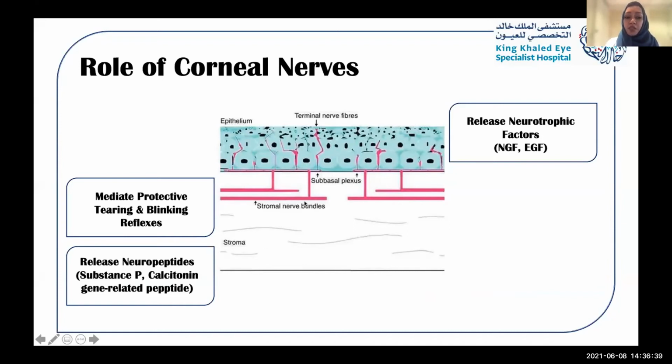And they release neuropeptides like substance P and calcitonin gene-related peptide, which are very important mediators for cell migration and proliferation. On the other hand, the epithelial cells release neurotrophic factors that also enhance the nerves and promote the proliferation of epithelial cells. So again, it's a cycle.